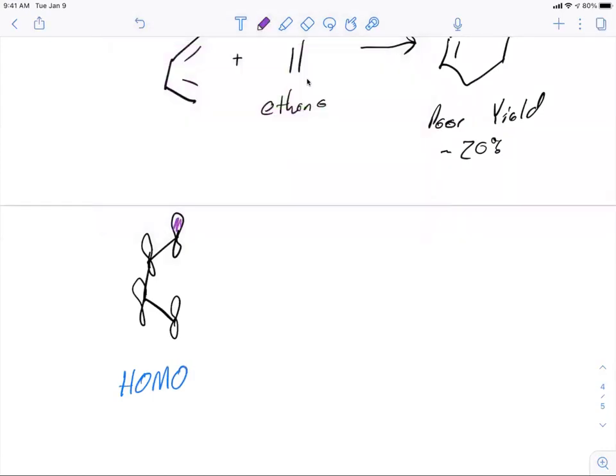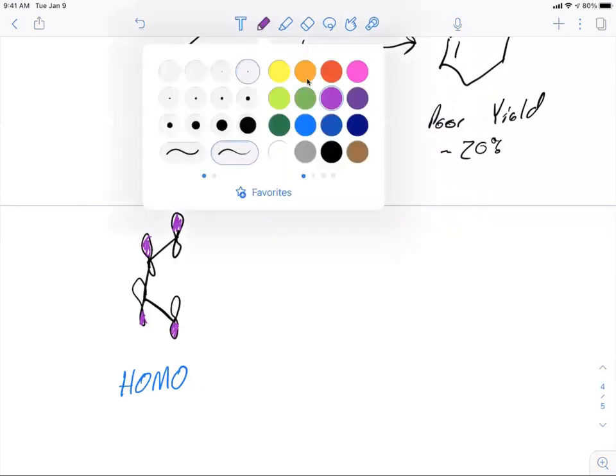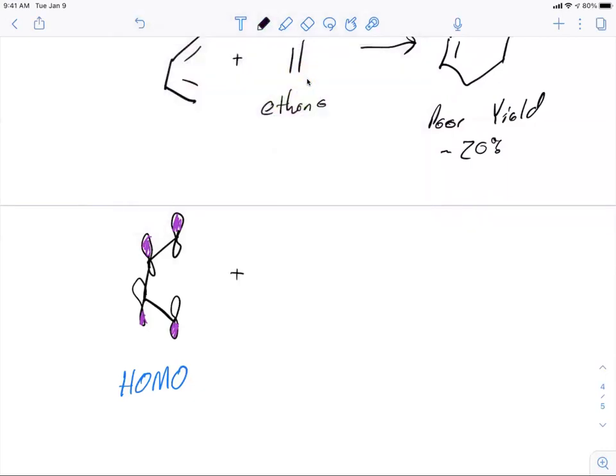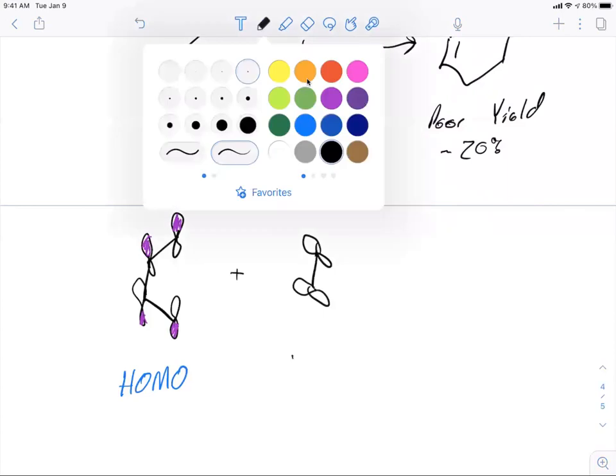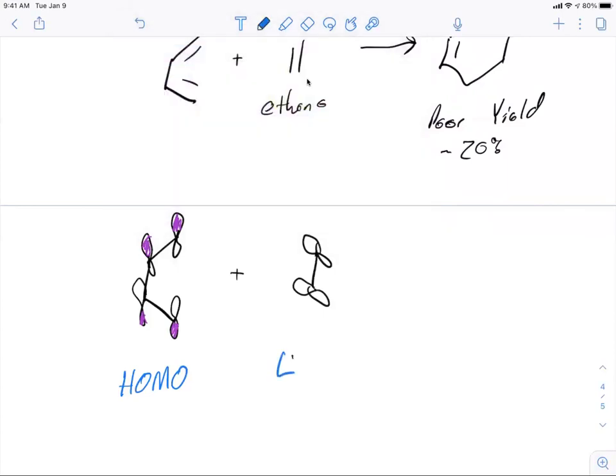And if you remember the shading, the HOMO of the diene only has one node. So we have the shading, and that's going to be reacting with the LUMO. We discussed LUMOs and HOMOs.